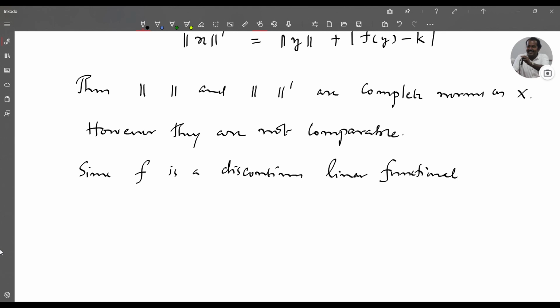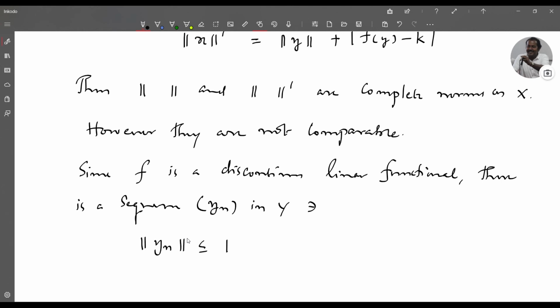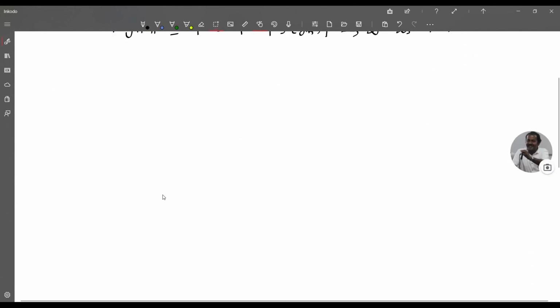since f is a discontinuous linear functional. There is a sequence yn in Y such that norm of yn is less than or equal to 1 and modulus of f(yn) tends to infinity as n tends to infinity. Then norm of (yn, 0), by definition, is norm yn plus modulus of 0.